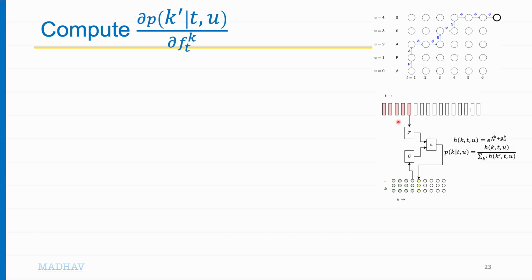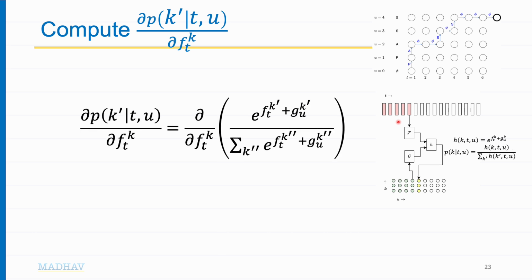Okay, so it's very simple differentiation. Maybe you're afraid of the terms, but it's very simple. So first write the value of p_k dash given t comma u in terms of f_kt. It's simply the softmax applied to f_k dash plus g_u k dash, right?